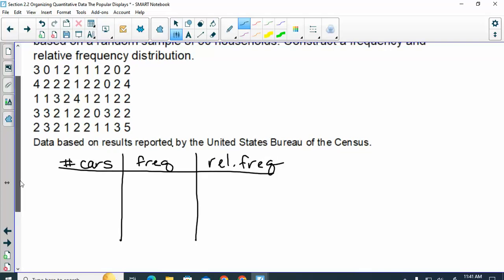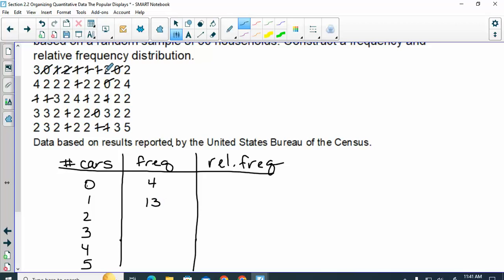Okay. So it looks like my number of cars we have from 0 up to 5. So frequency is just how many times we get each of those. So let's see, we have 0, 1, 4 zeros. Ones.